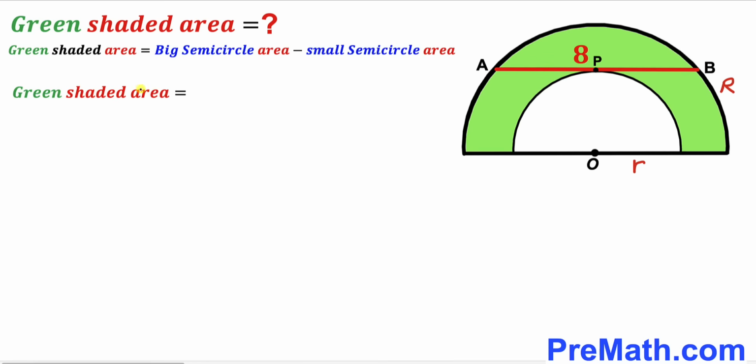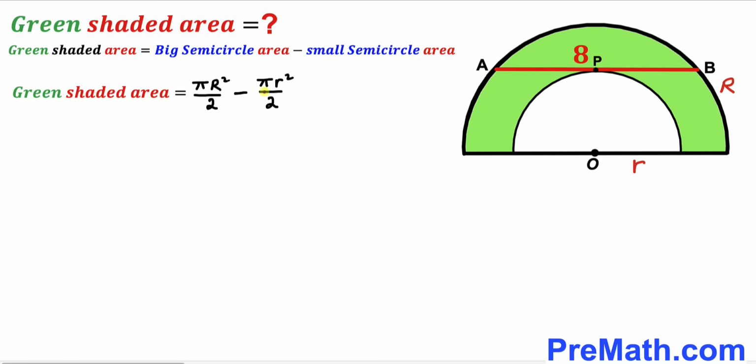So our green shaded area is the big semicircle area, pi times uppercase R square divided by 2, minus the smaller semicircle area, pi times lowercase r square divided by 2.